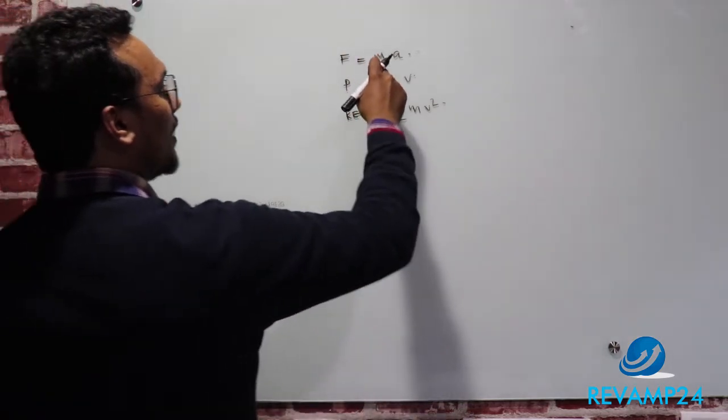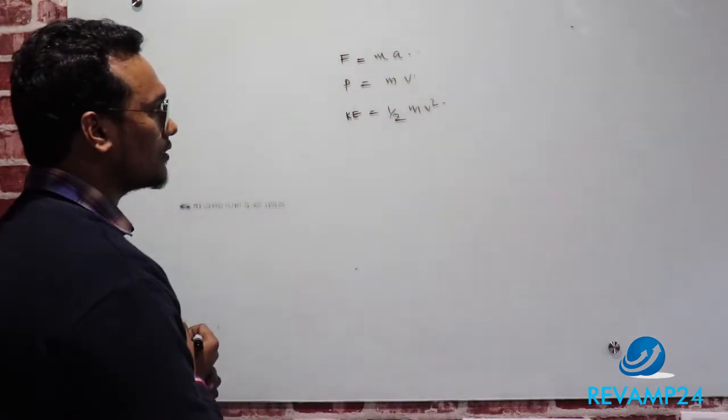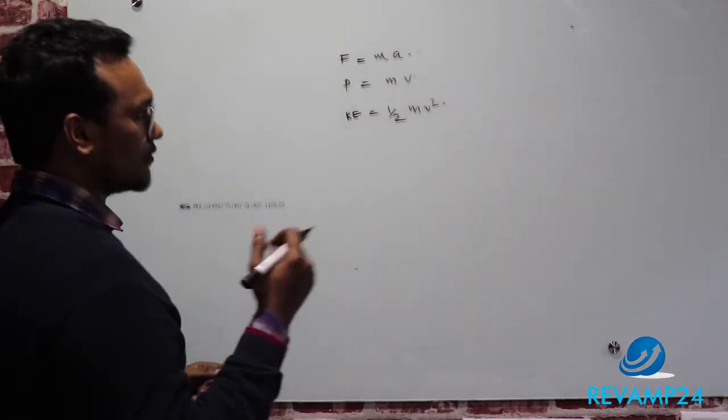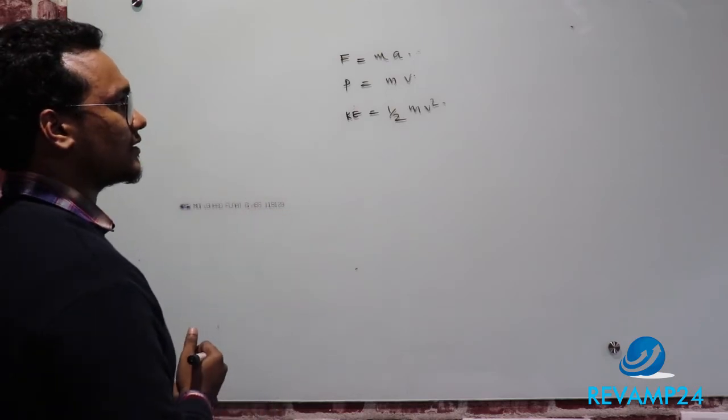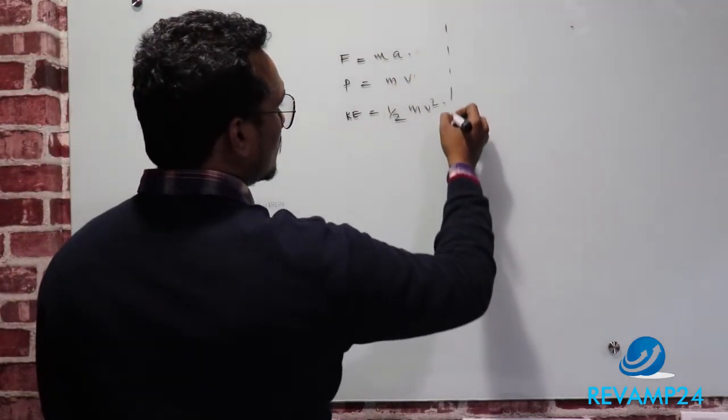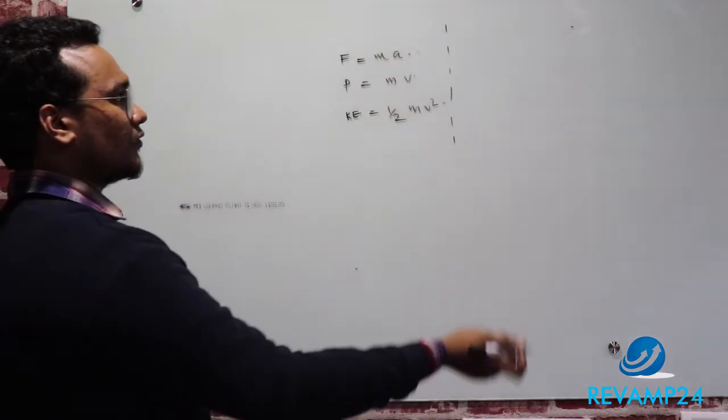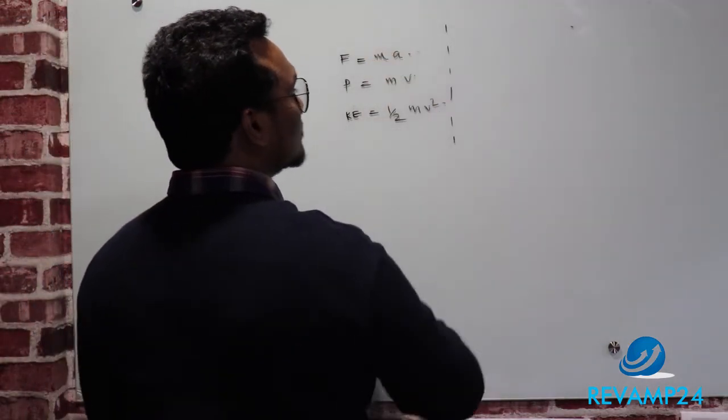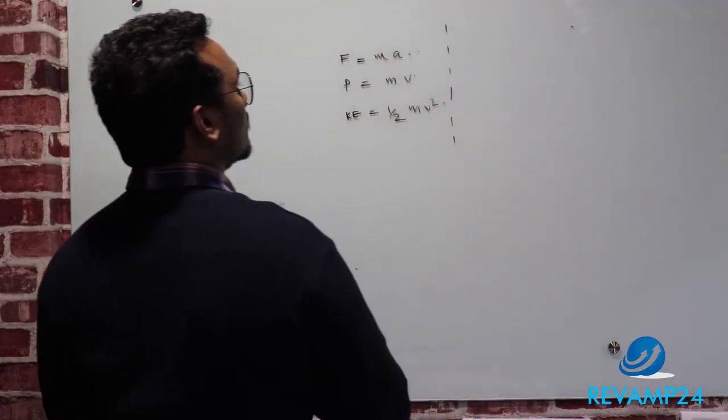Wherever you see mass in the equations for translational motion, you can convert those equations into rotational motion by changing the mass into moment of inertia.